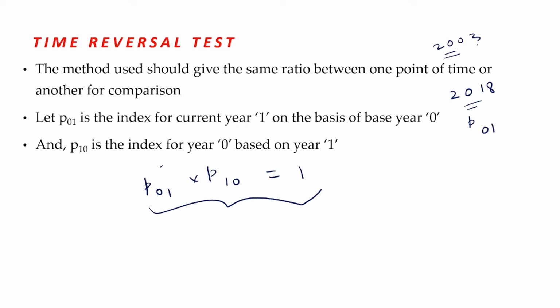And if we construct an index for 2003 with 2018 as the base year, then it is given by P10. Now this P01 into P10 should be equal to 1. If we find this index using any of the methods, and if this condition is satisfied, then we say that method satisfies time reversal test.